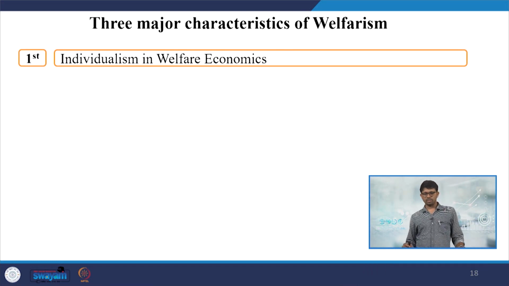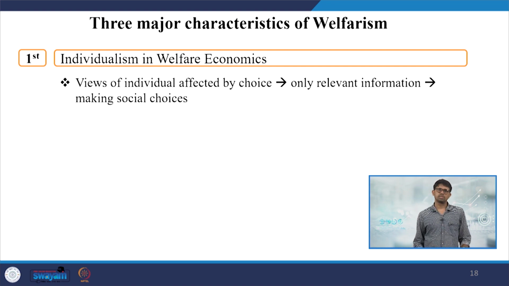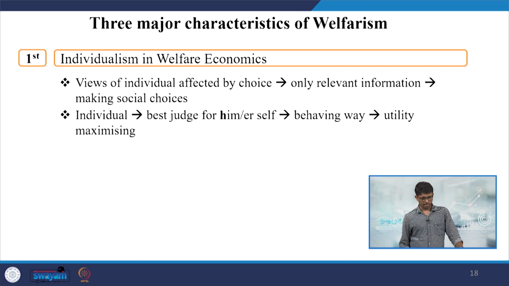There are three major characteristics of welfarism, starting with individualism in welfare economics. This views an individual as affected by a choice function, which is largely related to information, and information makes the best social choices.